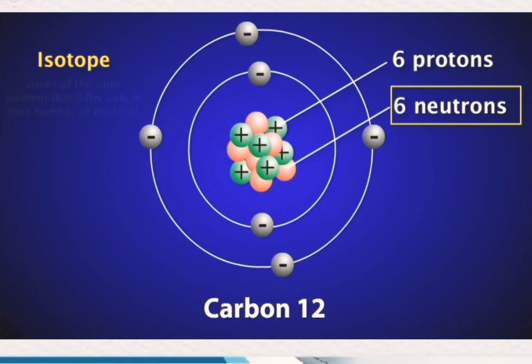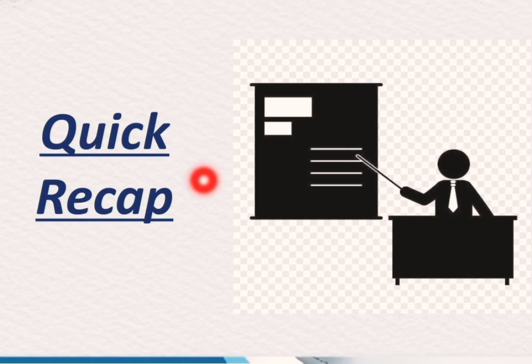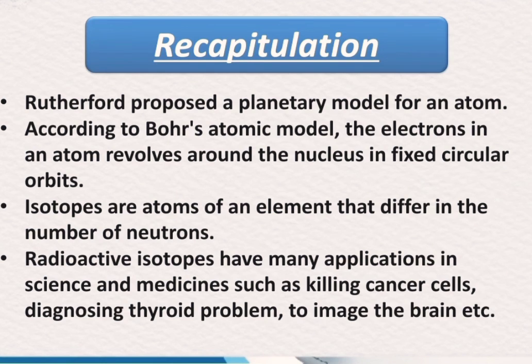I hope students you all have understood the concept very clearly. Now here I have a very quick recap for you. Rutherford proposed a planetary model for an atom. According to Bohr's atomic model, the electrons in an atom revolve around the nucleus in fixed circular orbits.